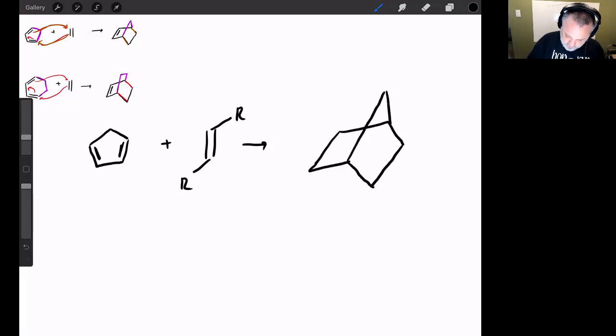Let's draw the pentagon. In this case, I have one group that goes up and one group that goes down. And so the bonds in this position are a little bit different than the bonds that would be in a cyclohexane because of the other groups attached to it.